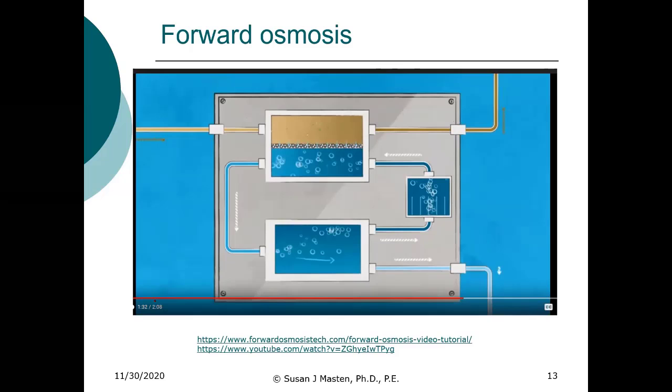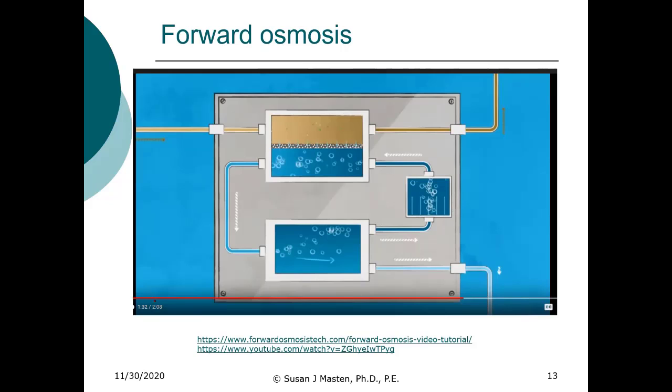So you can see in this portion of the video that, again, what they're doing is they're using a high concentration brine solution to create that concentration gradient in order to drive water across the membrane.